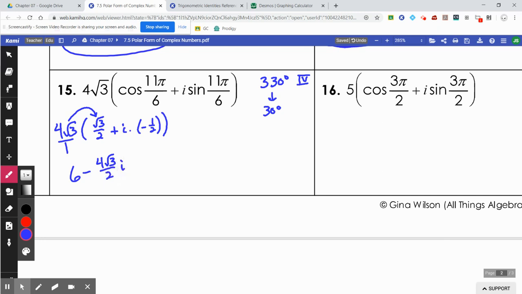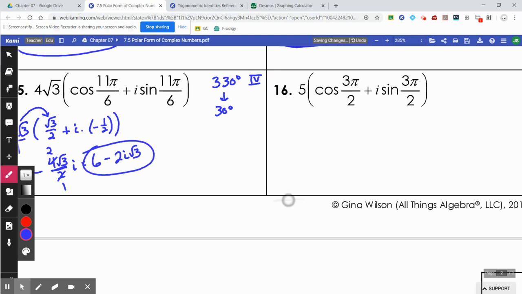And you can put the I in second now because you can actually put it next to your fraction bar, and it's not going to get trapped up under that square root. So there you go. And I did forget to simplify that. The 4 and the 2 reduce. 6 minus, and then when you reduce the 4 over 2, it gives you a 2 and a 1. So that'd be 2, and I like the I in front of the square root. So 2I root 3 or I times 2 root 3.